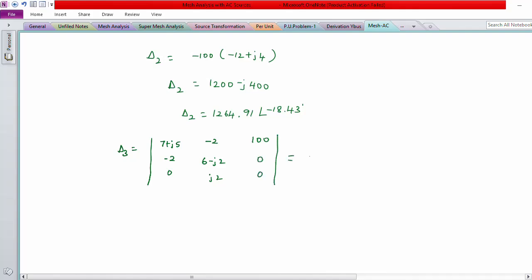By taking the determinant value here, 7 plus j5 into, by removing first column and first row, the first element becomes 0.